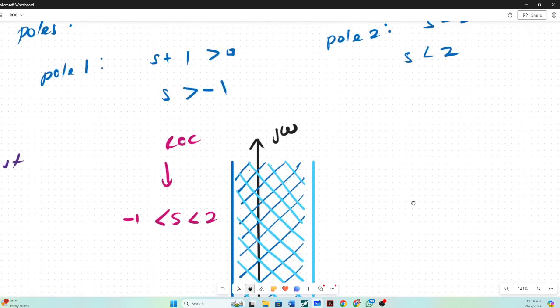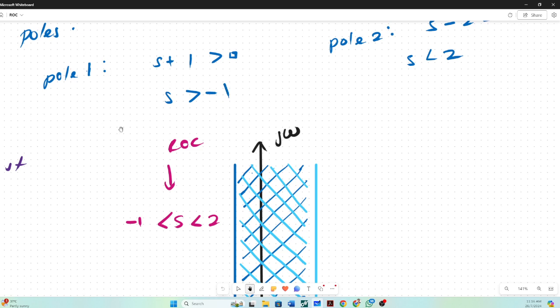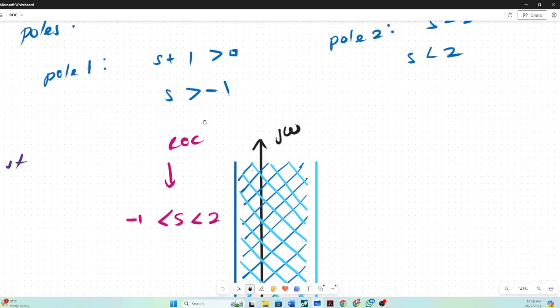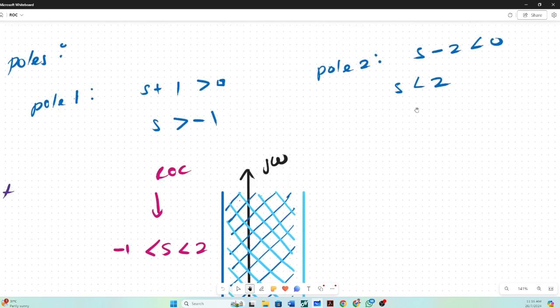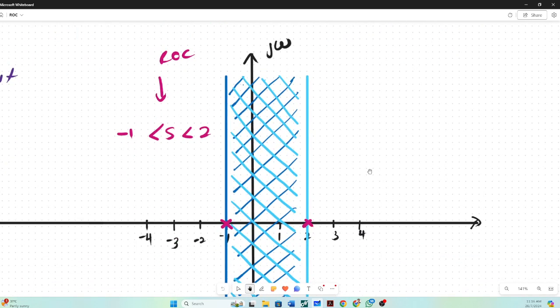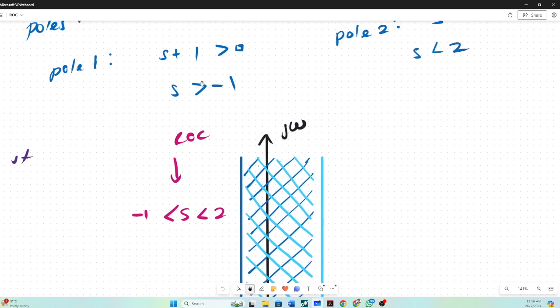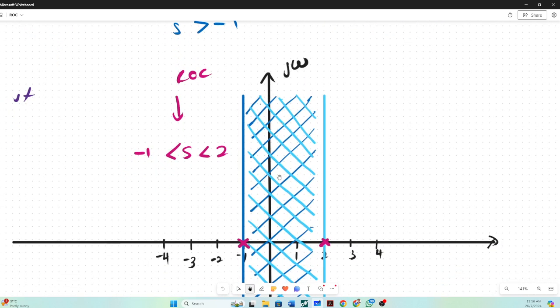So for the first element, the pole is at minus 1, and the second pole is at 2. For the first pole, because s is more than minus 1, we shade more than minus 1, but not touching the pole at 2.